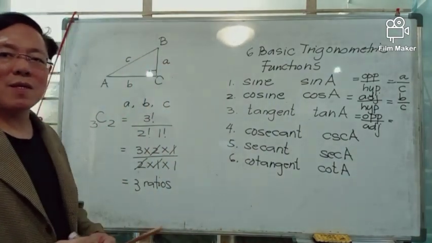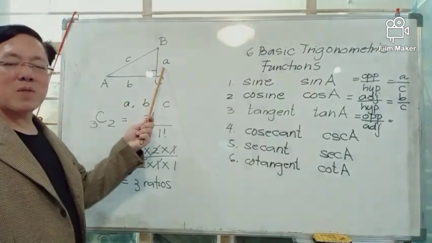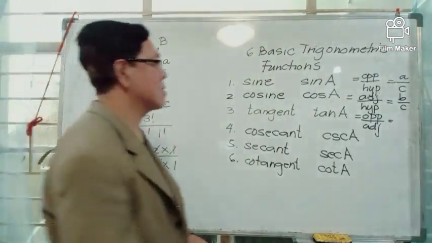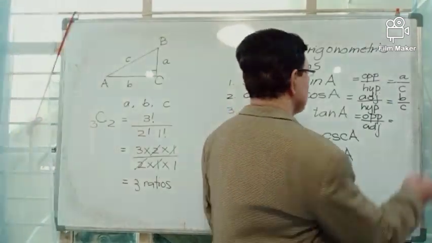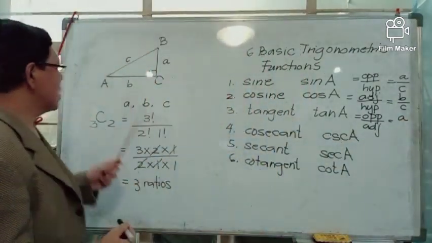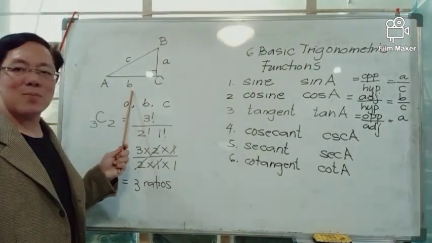And again, using this right triangle, we denote the opposite side, the side opposite angle A, by small a, and the adjacent side, the side adjacent to angle A, by small b.